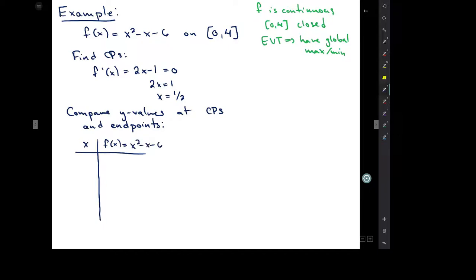So I know that I have to check x equals 1/2, that's my critical point, and I need to check the value 0 and the value 4. Again, I have one critical point and two endpoints.